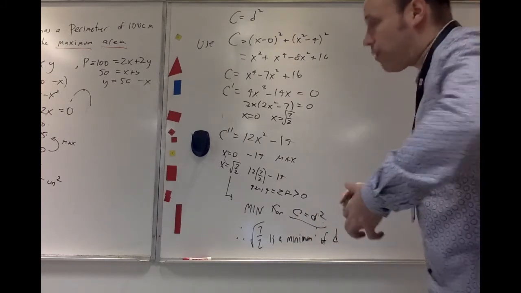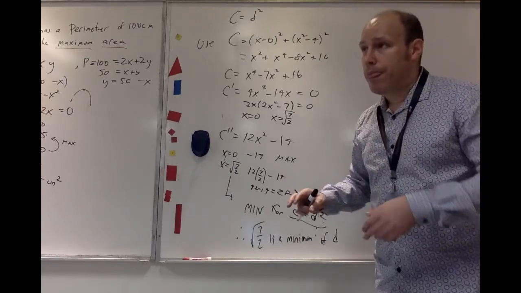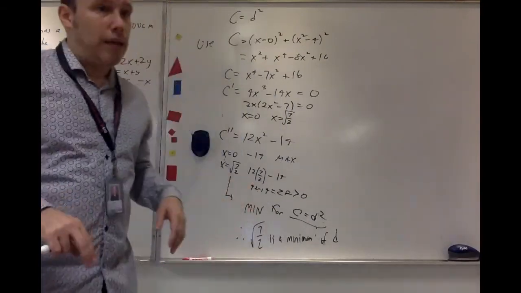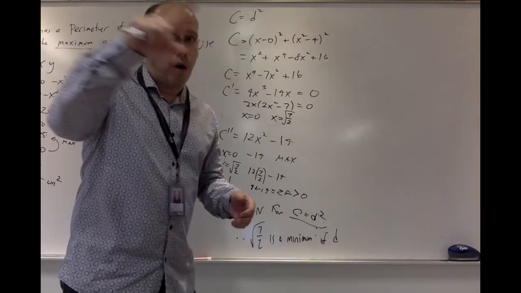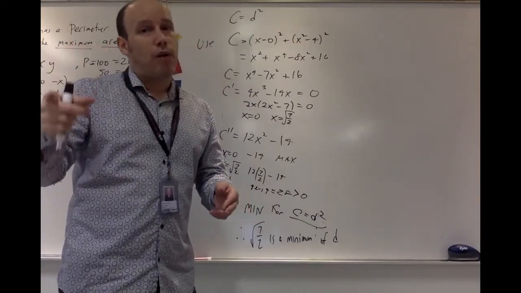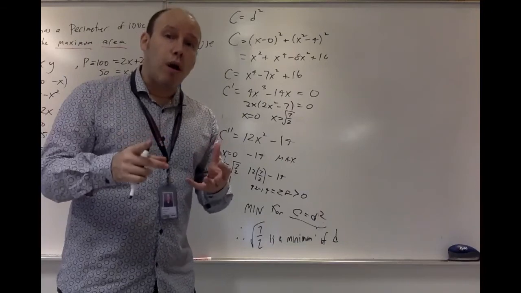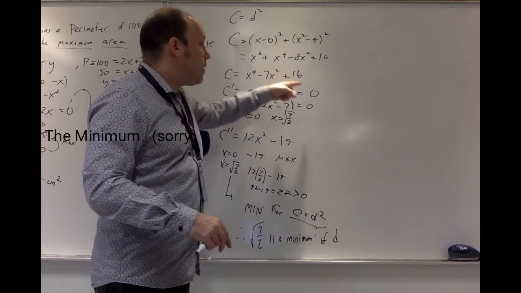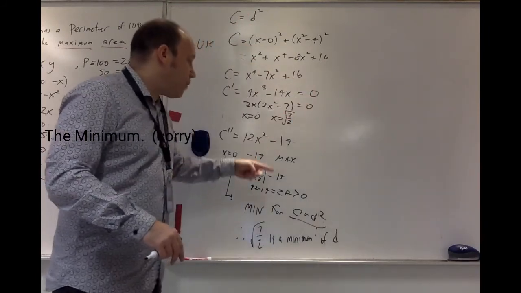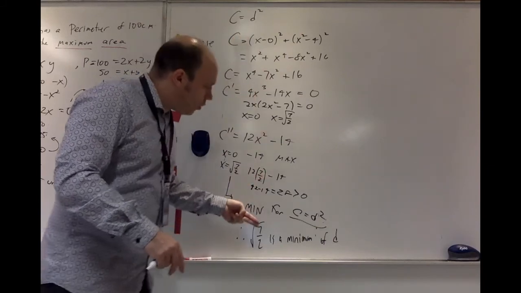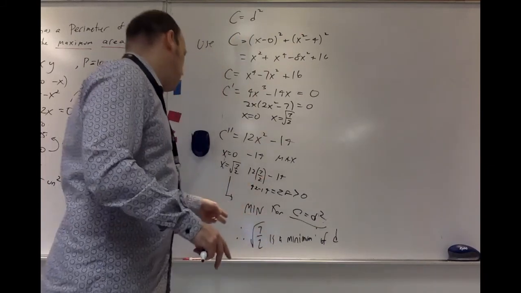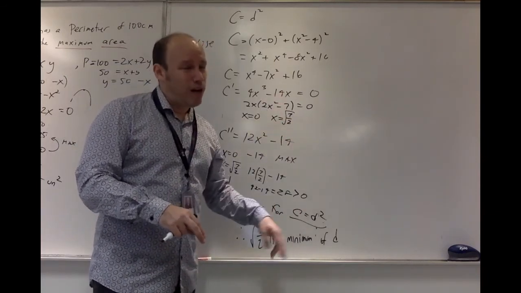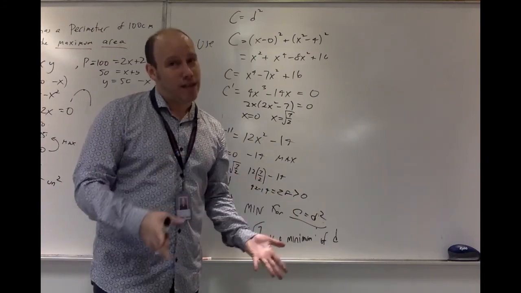So, henceforth, in these distance from curve problems, set up the formula, and if it's a part 2 question, you can put the function of the square root of the distance in the graphing calculator and find the minimum, or leave it as d squared, take the first derivative, set it equal to 0, find the minimum for the distance squared, and then you can conclude that that's the minimum for distance. Thank you.